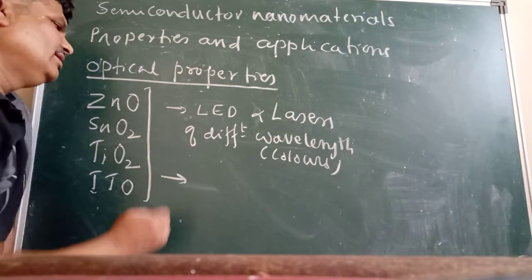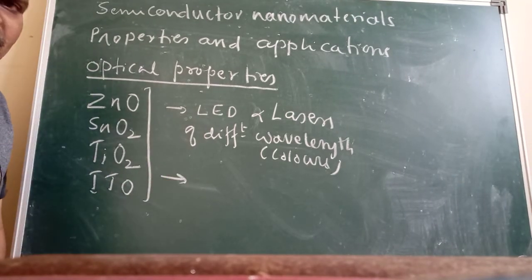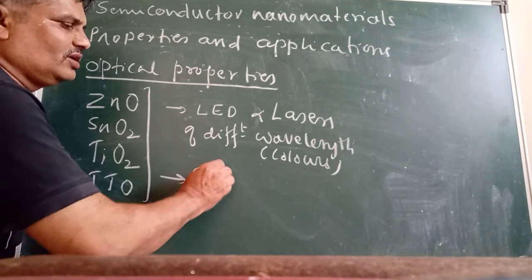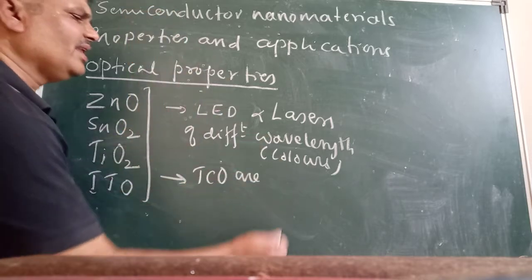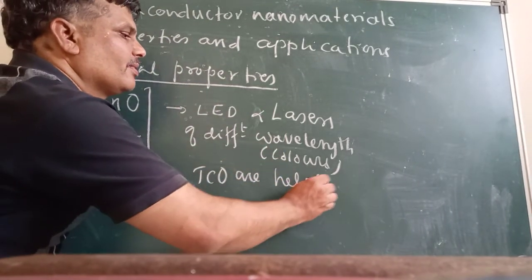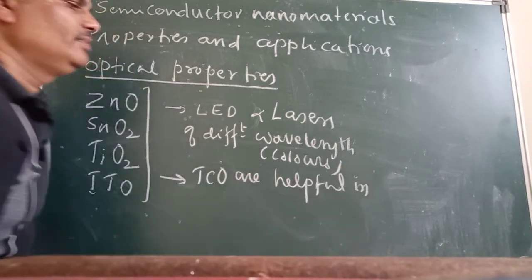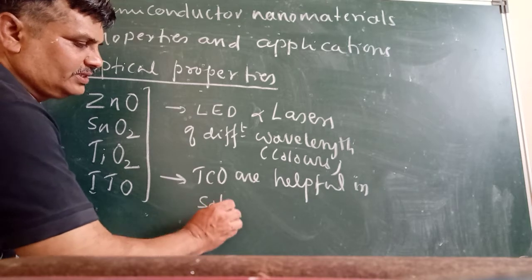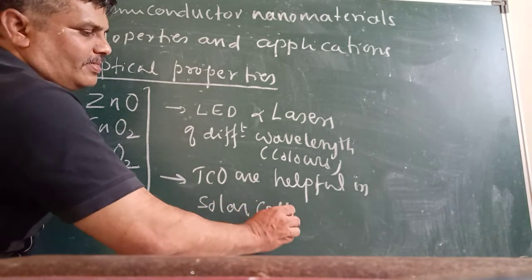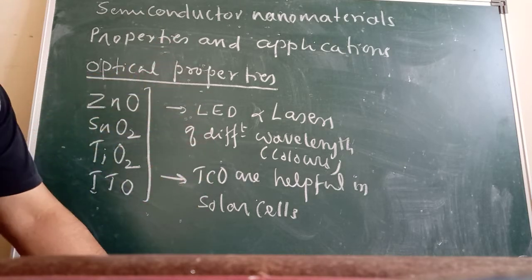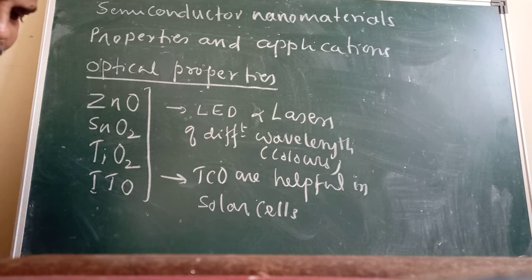Next, lasers and LEDs, and TCOs are especially helpful in solar cells. Like this, these are some optical properties.